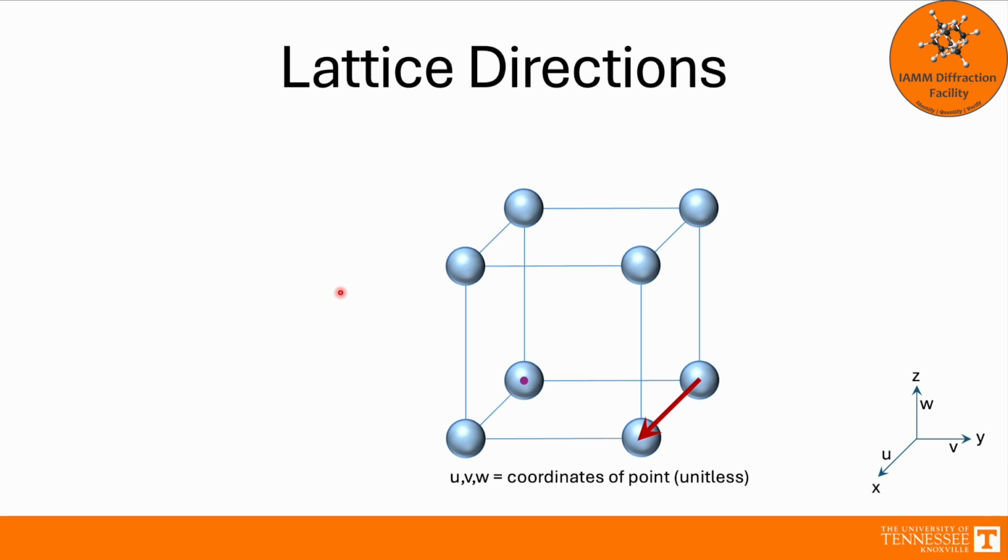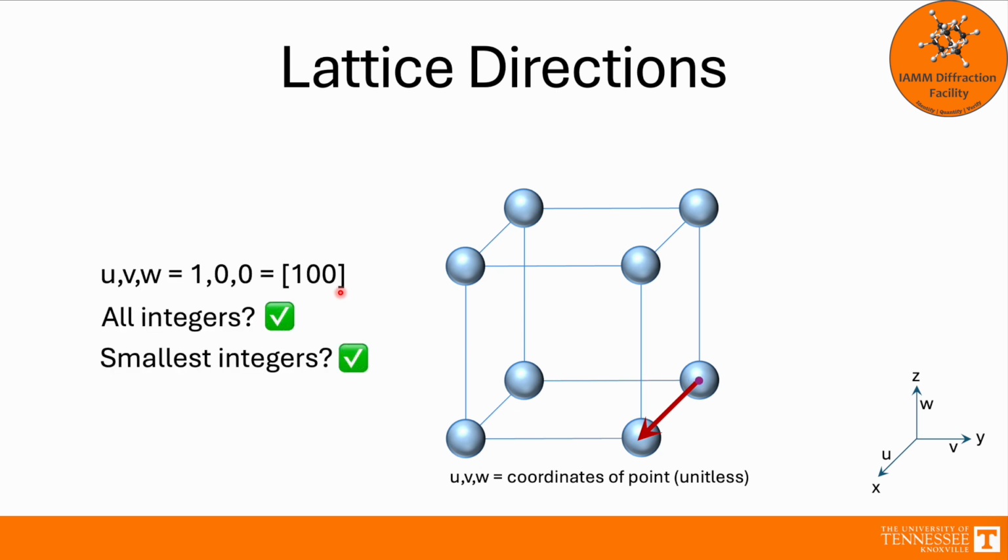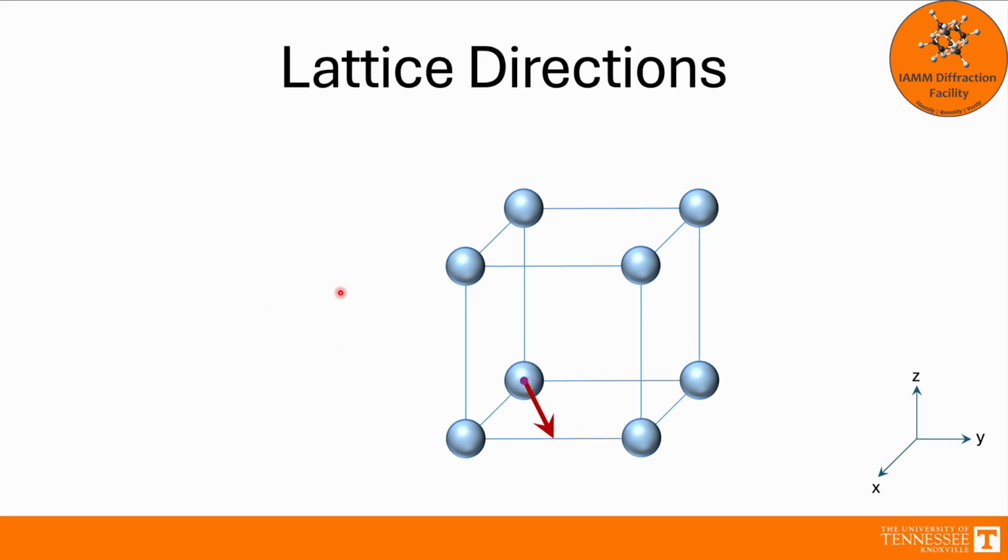If we wanted, we could just simply move that origin over to this atom, in which case all of the same steps that we previously went through still apply, which makes this the [1 0 0] direction, which makes sense because it's pointing parallel to the other one that we just did. So that's why you can't really get too hung up on the choice of origin.